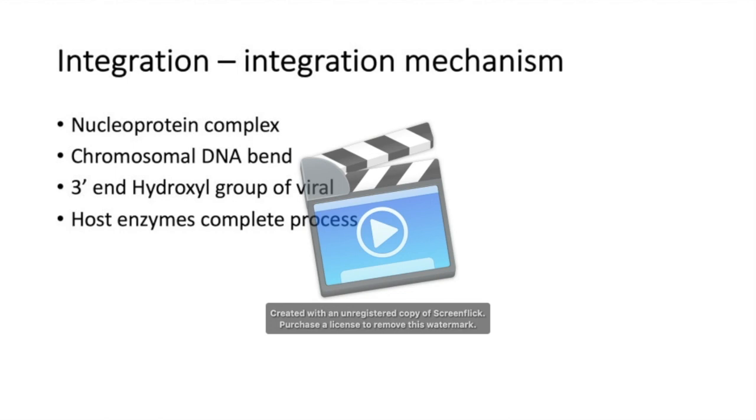The viral ends are cut by the integrase, exposing the 3' hydroxyl group of the viral DNA, and it's going to use those hydroxyl groups to cut the phosphodiester bonds of the host DNA. When it completes that cut, it forms a new bond with the host DNA, successfully transferring the viral DNA into the host DNA. Then it's the host enzymes that complete the process, filling in missing base pairs from the viral DNA when it got cut by the integrase.